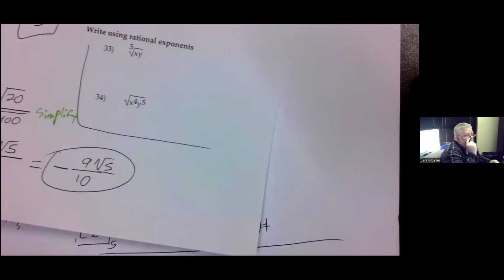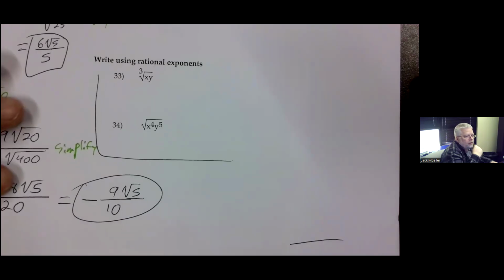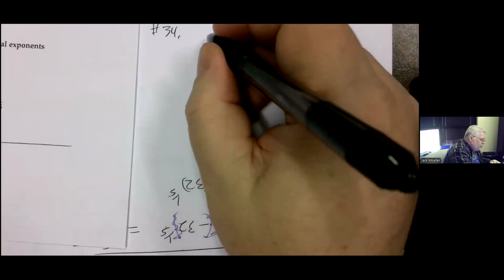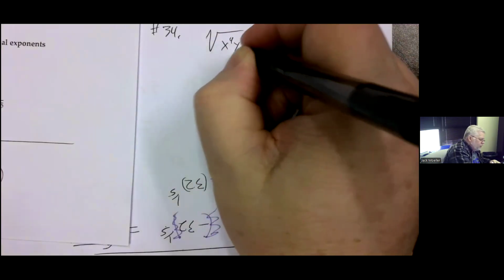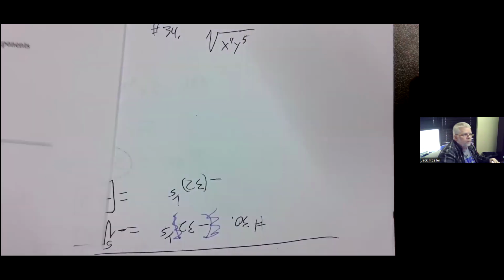Okay. One last example here. I will jump to MATLAB. So same idea. If you look at 34, we are writing in rational exponents the square root of x to the 4th, y to the 5th.